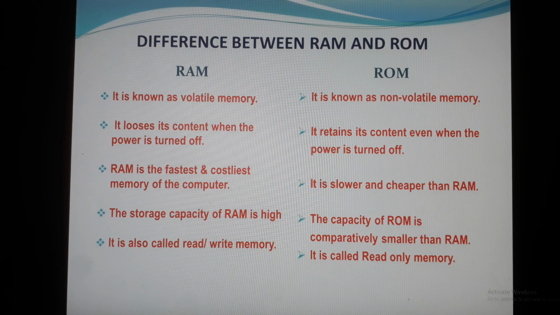RAM is the fastest and costliest memory of the computer. At the same time, ROM is slower and cheaper than RAM. The storage capacity of RAM is high, whereas the capacity of ROM is comparatively smaller than RAM. RAM is also known as read-write memory, whereas ROM is known as read-only memory.